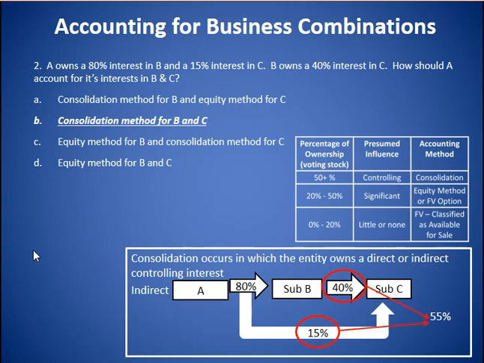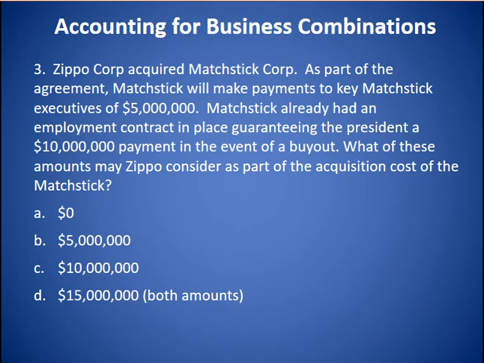Let's go ahead and take a look at number 3. Zippo acquired Matchstick Corporation. As part of the agreement, Matchstick will make payments to key Matchstick executives, totaling $5 million. Now, Matchstick already had an employment contract in place guaranteeing the president a $10 million payment in the event of a buyout.